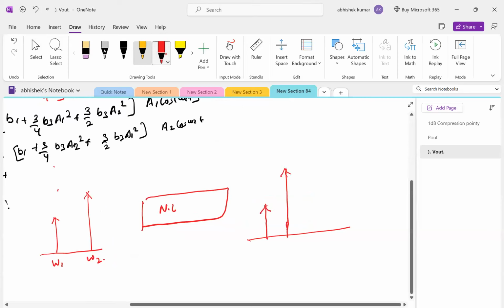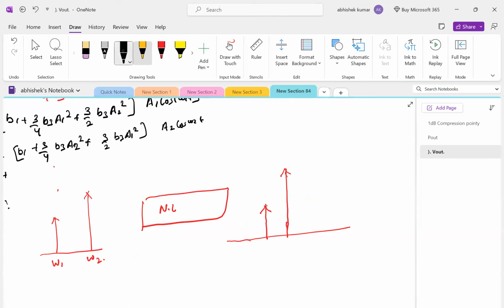This is omega 1, this is omega 2, and apart from that, you will get some small interference. This is known as the intermodulation product of your output.